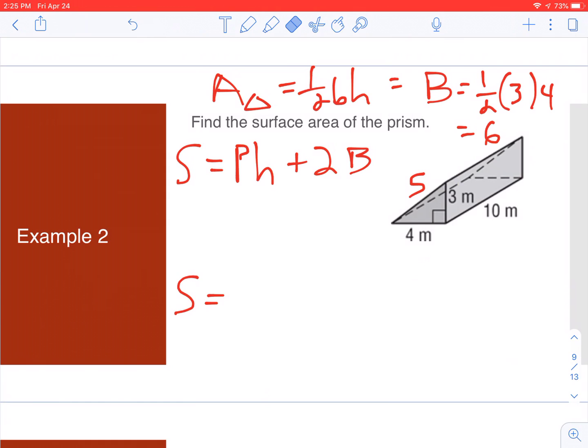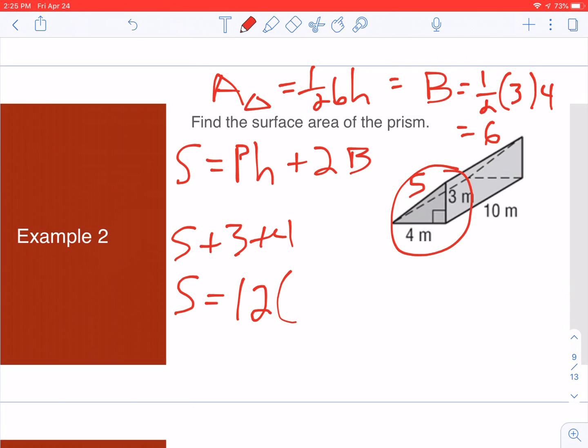In order to find the perimeter, we need to add up the sides of the triangle. So the perimeter of the triangle is those 3 numbers there, 5 plus 3 plus 4, which is 12. So perimeter is 12. The height is 10.